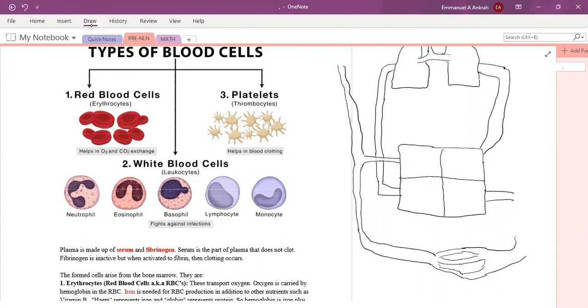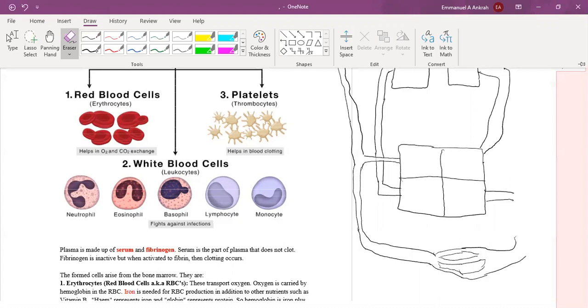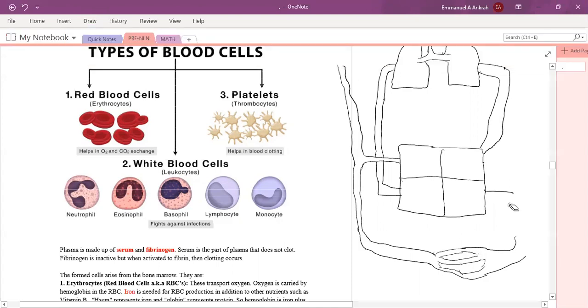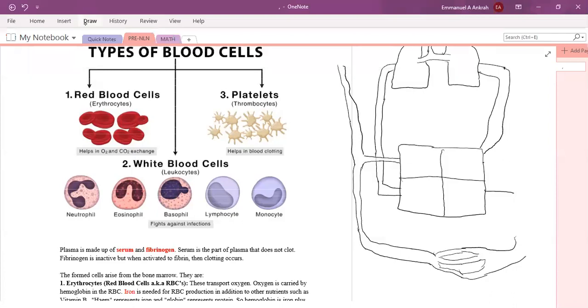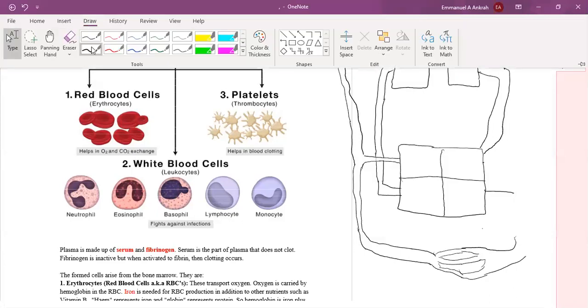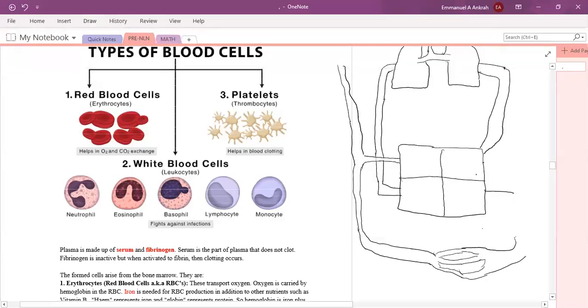Okay. So today the pen is responding so slowly. Let's see. Okay, I got it.